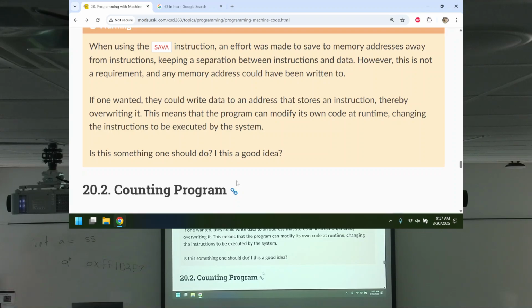Another interesting thing is I can take a memory address, called a pointer.